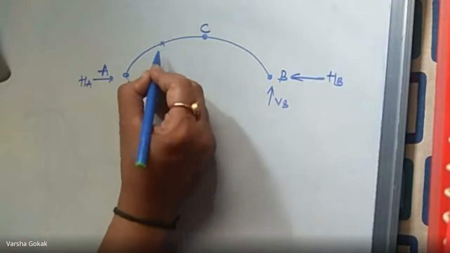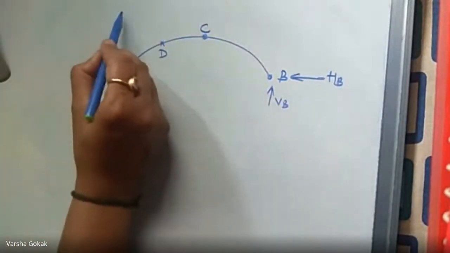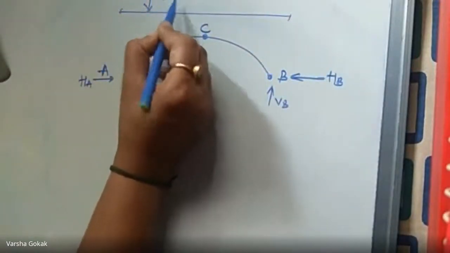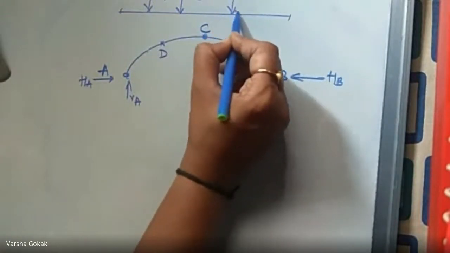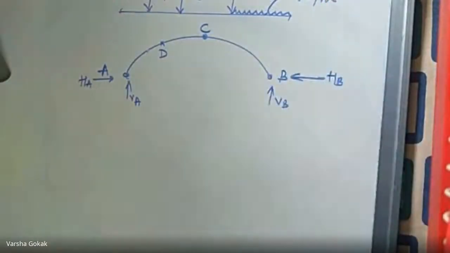I want to find at a point D the X and Y. So the loading would be given like this. They would have given W1, W2, W3, all point loads, and a UDL for the rest with W per meter. So static loading.